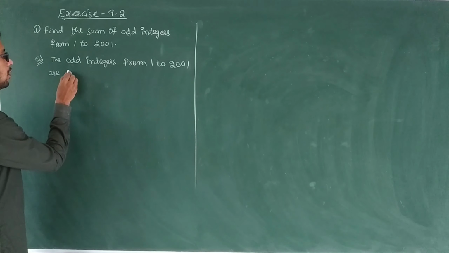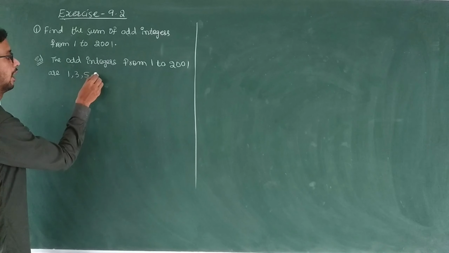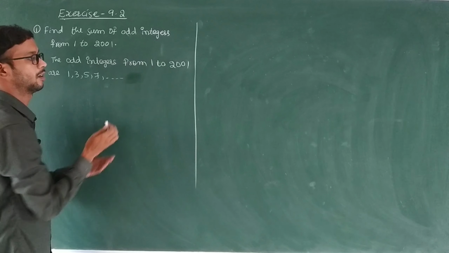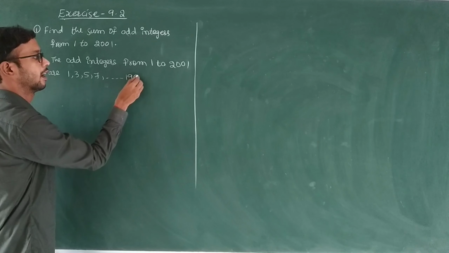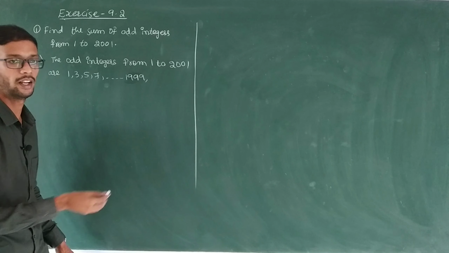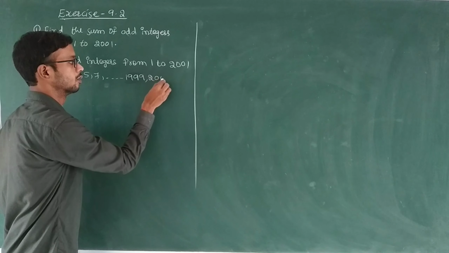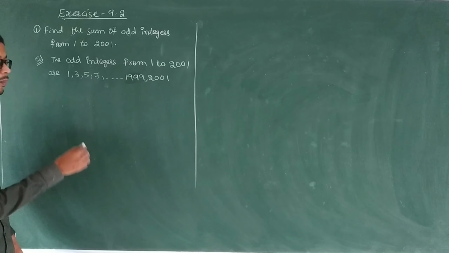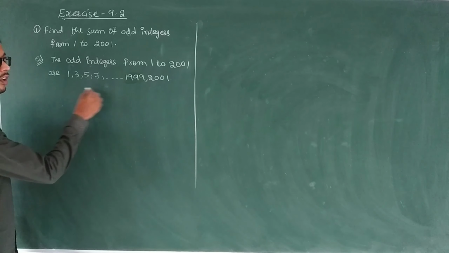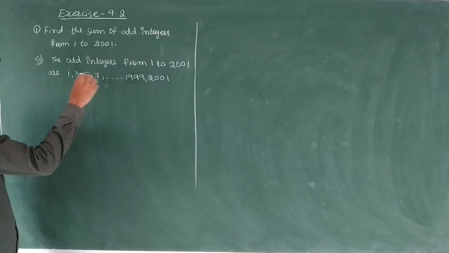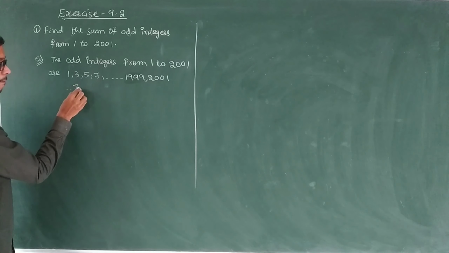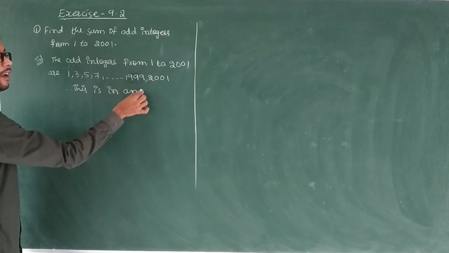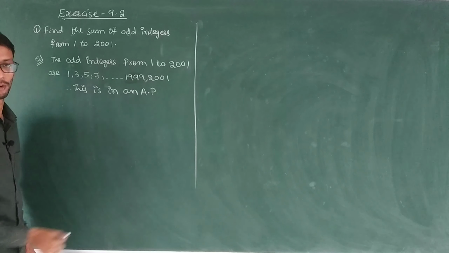So 1, 3, 5, 7, and so on, up to 2001. Now if you observe, this is an arithmetic progression.